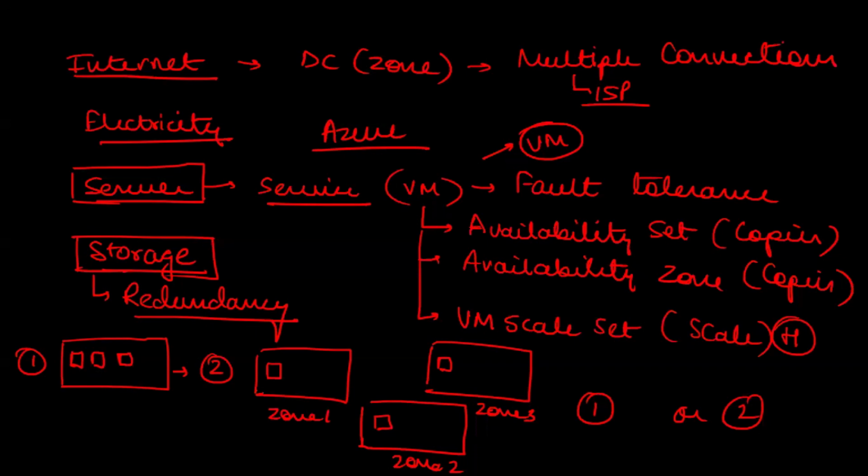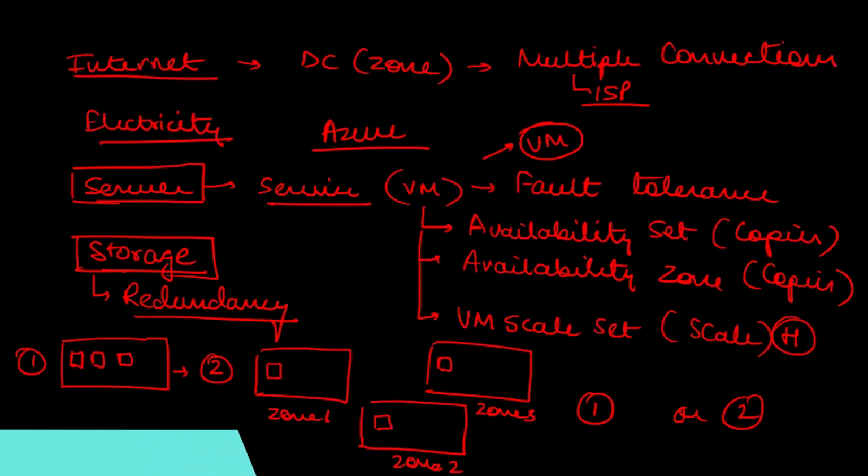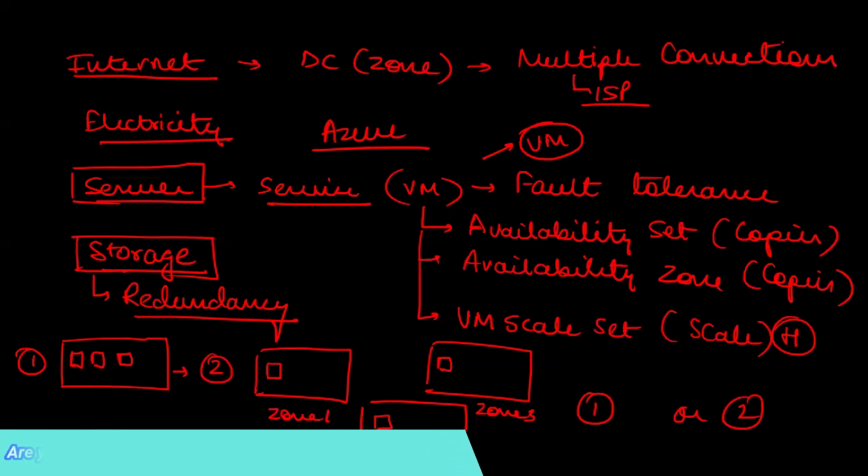And the reason is very simple. When you talk about increasing availability, all you have to think about is what can go wrong. You try to analyze what could go wrong in a particular situation, and if you see something that could go wrong, you try to resolve that issue.